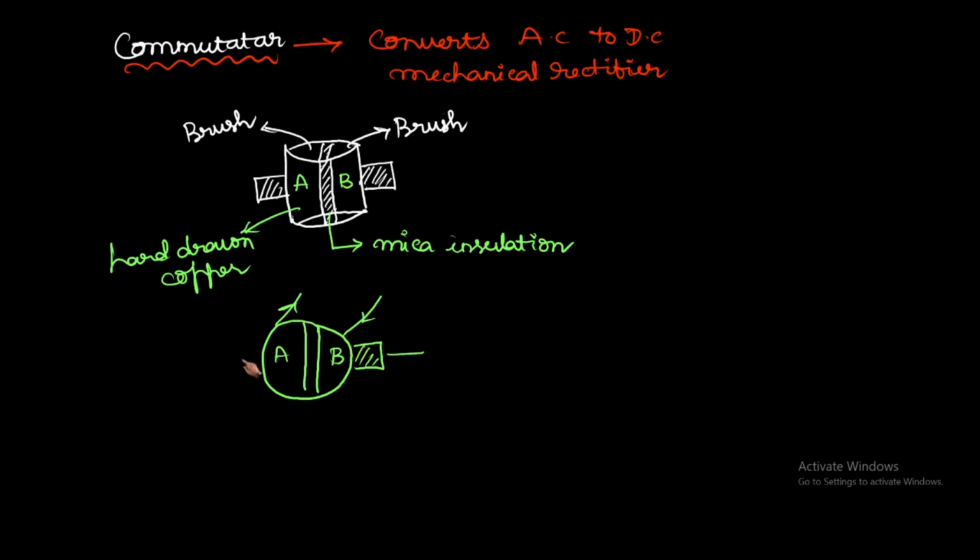Like this the connection will be made, and the load will be connected like this. Let us consider the length AB here and the length CD here. This is the first case.